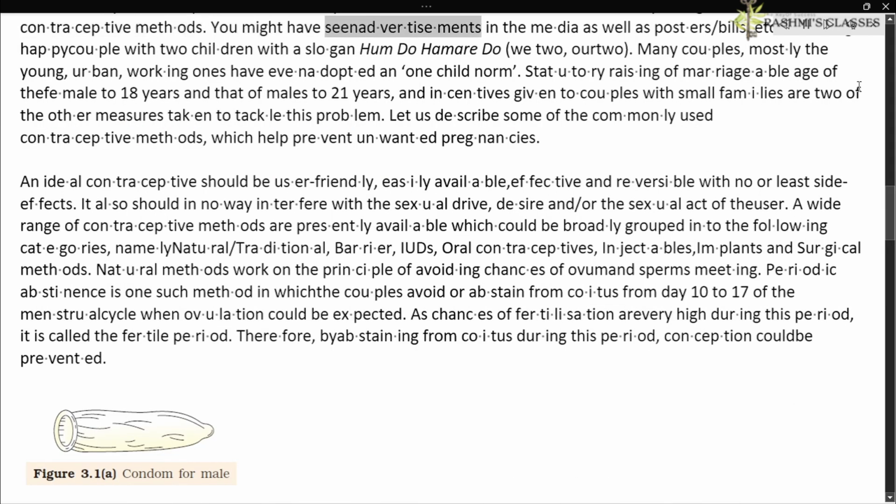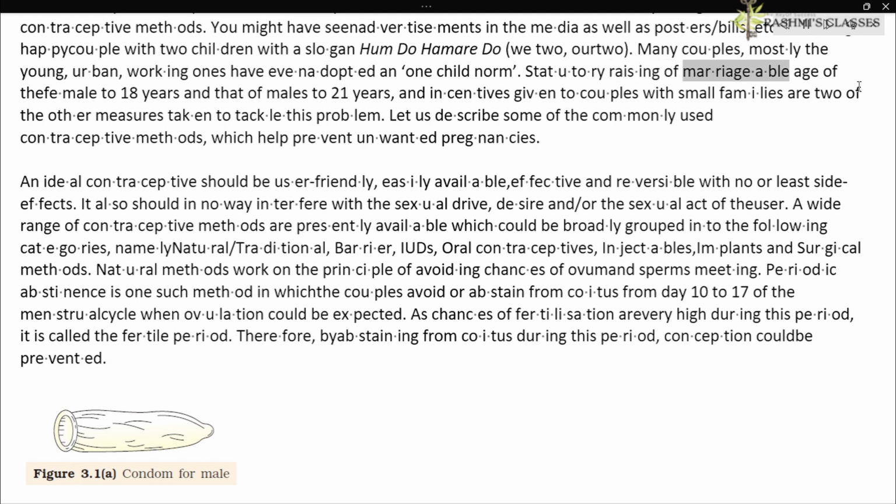You might have seen advertisements in the media as well as posters/bills, etc., showing a happy couple with 2 children with a slogan "Hum do hamare do, we two, our two." Many couples, mostly the young, urban, working ones, have even adopted a one-child norm.